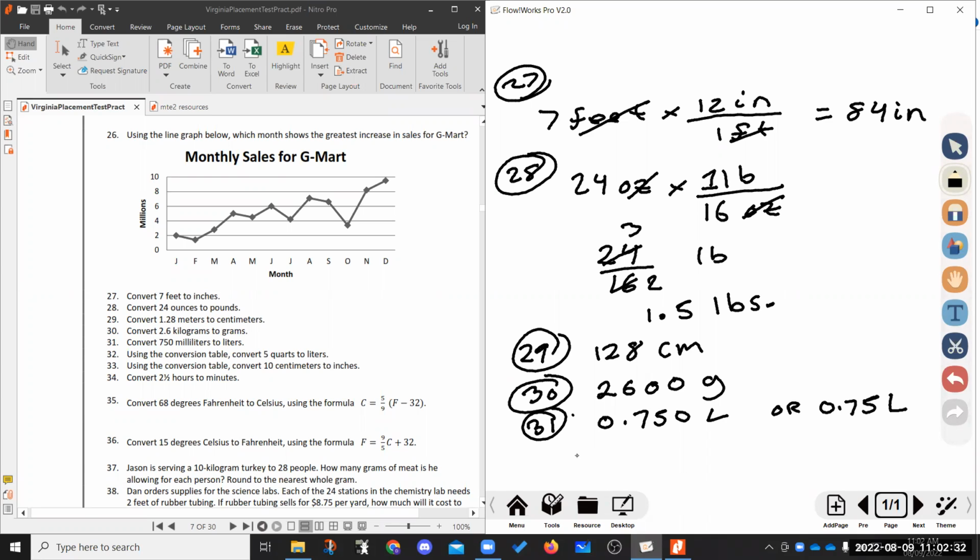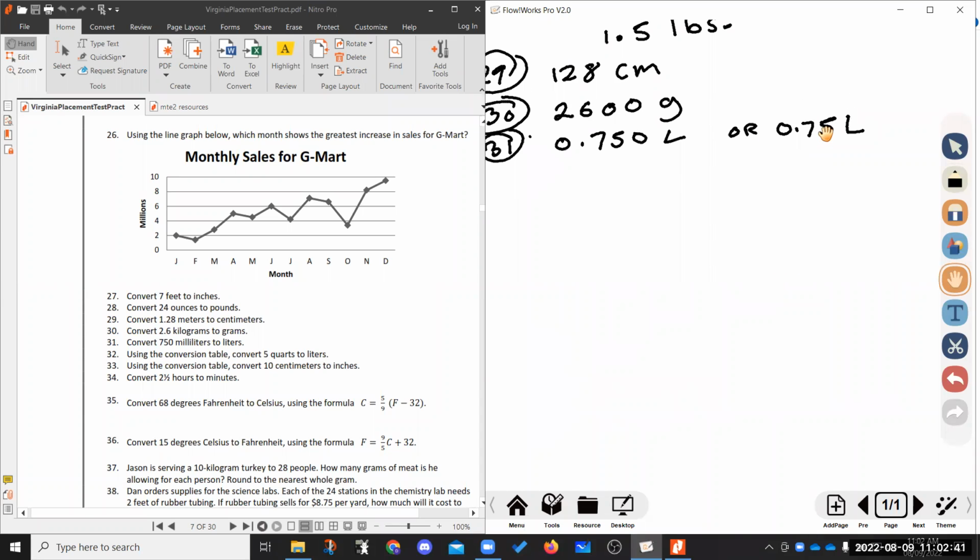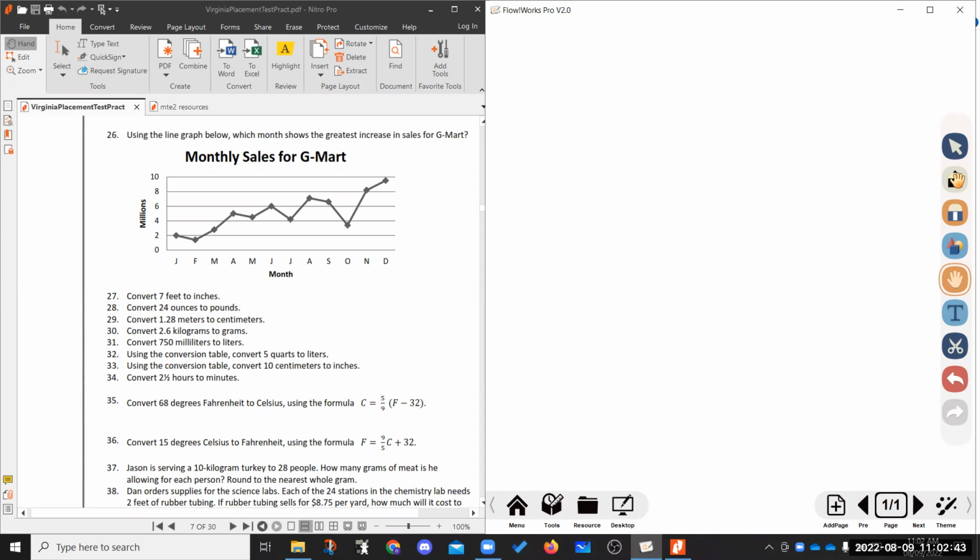Now we're going to use a conversion table to convert 5 quarts to liters. So 5 quarts to liters.